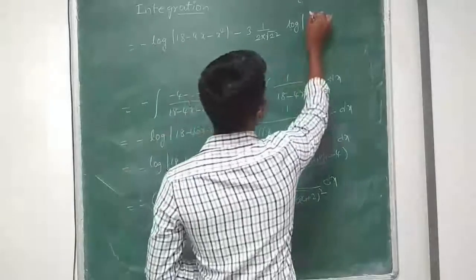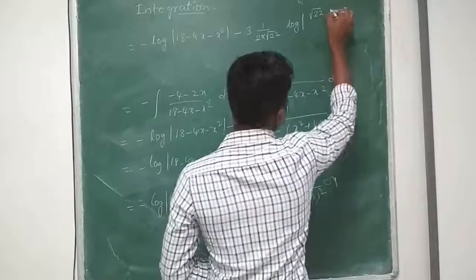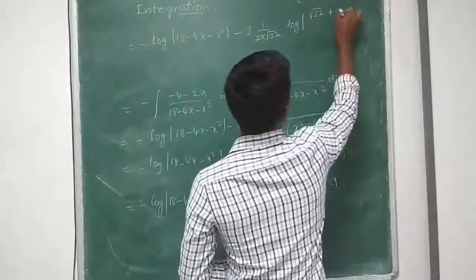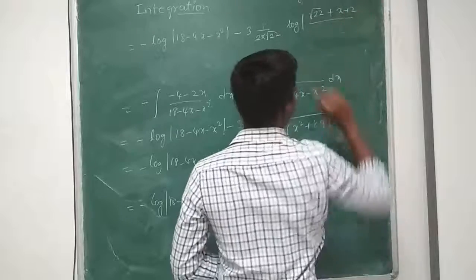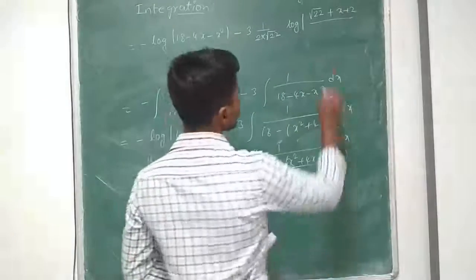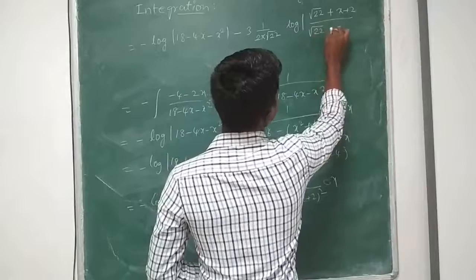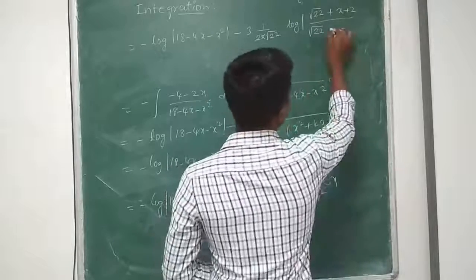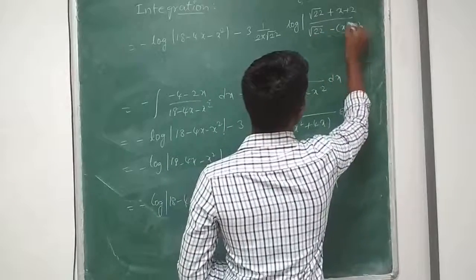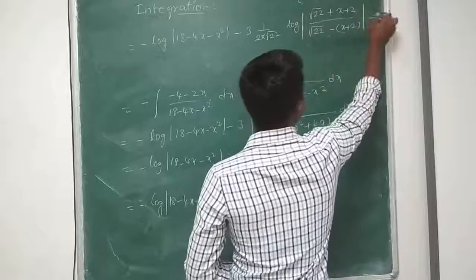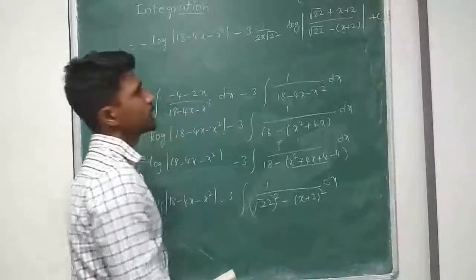What is a? Root 22 plus x plus 2 by root 22 minus of x plus 2, plus a constant c.